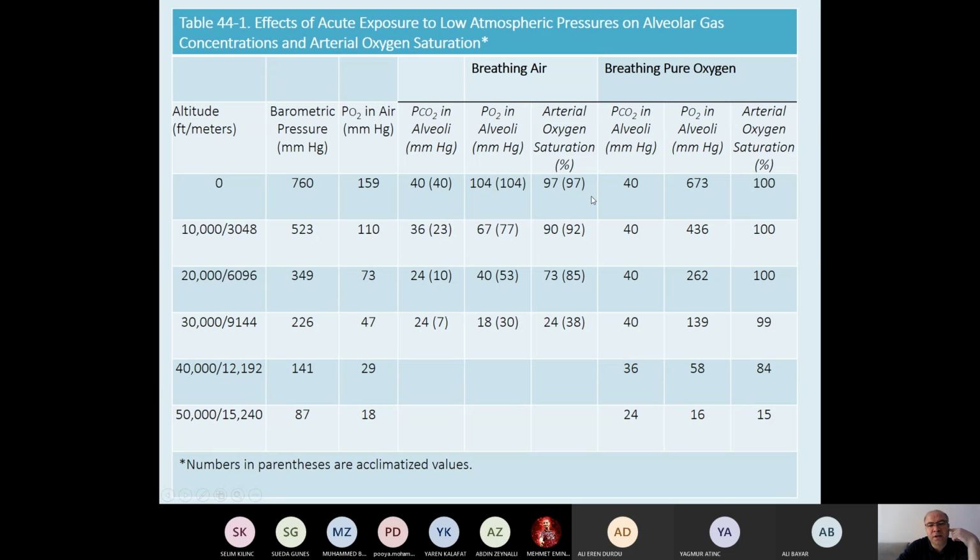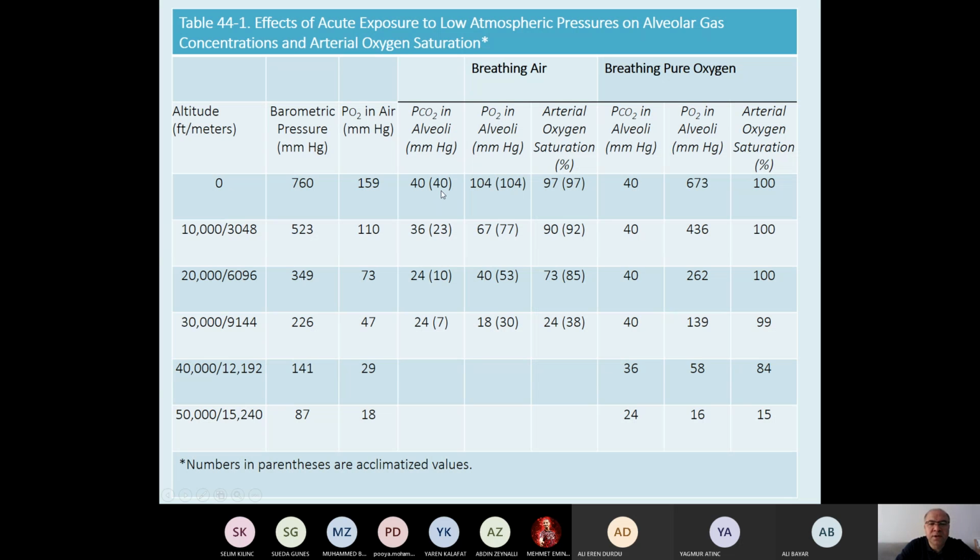In the alveoli, the concentrations of carbon dioxide, oxygen, and arterial oxygen saturation, you can see here. Although oxygen concentration is 159, the oxygen concentration in the alveoli decreases to 104. Why? Because of water vapor, 47 millimeter mercury.